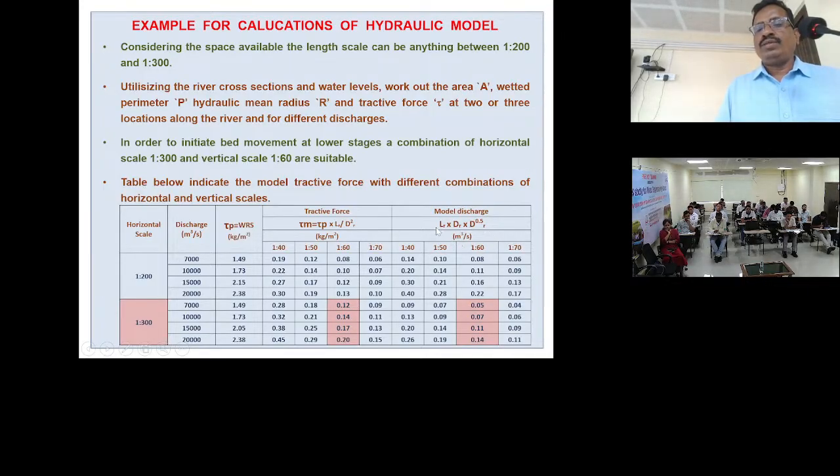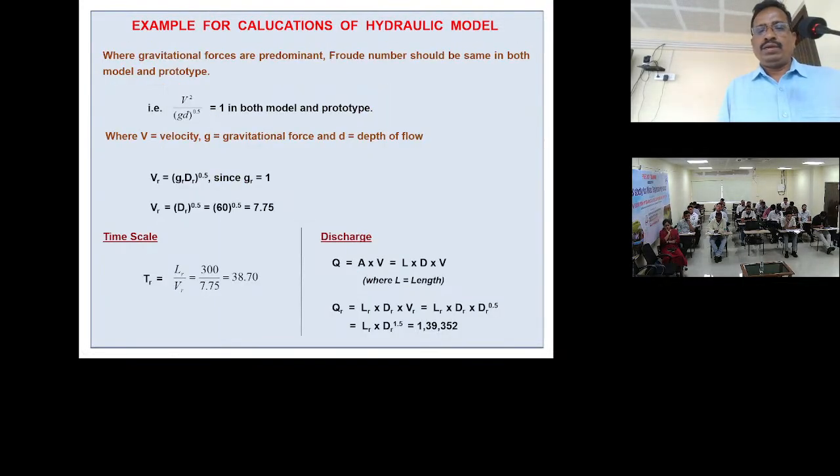You know this is the Froude number, V square by square root of g d is equal to 1. Froude number 1 we have assumed as per prototype, and V is equal to square root of g d comes from this Froude number equation.